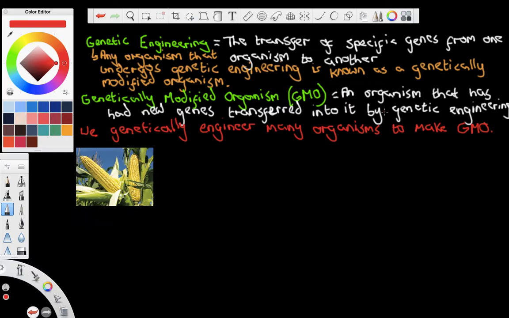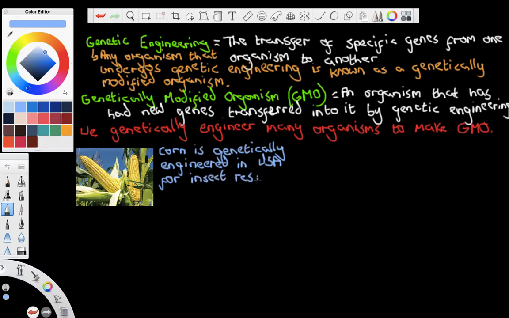So we can say that corn is genetically engineered in the USA for insect resistance.